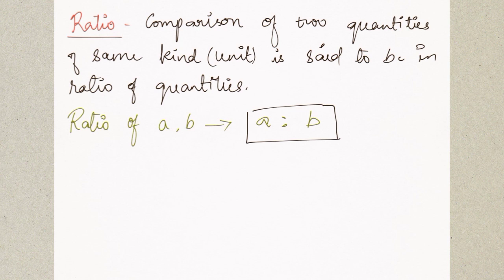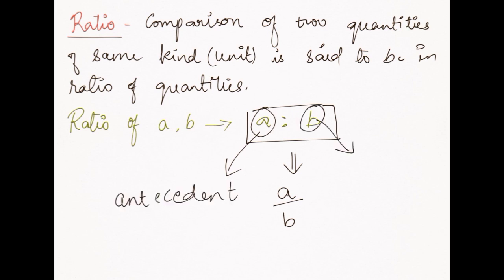A is to B can also be written as A by B. In this ratio, A, the first number, is called the antecedent, and the second one is the consequent. Antecedent and consequent, these are the two things we need to know. Maybe previously we might not have known it, but we should know by now. That is very important.